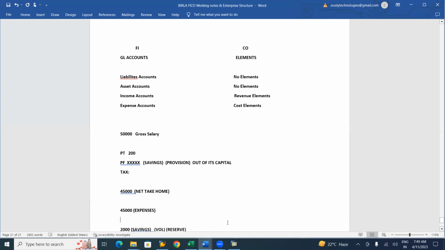No, right? So a reserve is nothing but retained earnings. Whenever we have a profit, only then will reserves be maintained. But a provision is mandatory as per the Companies Act.